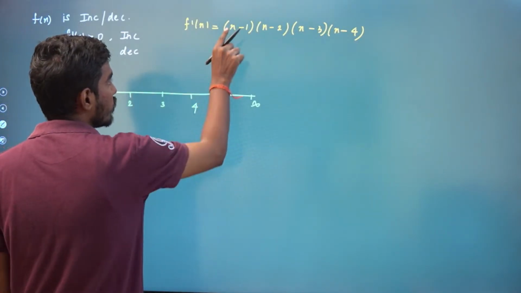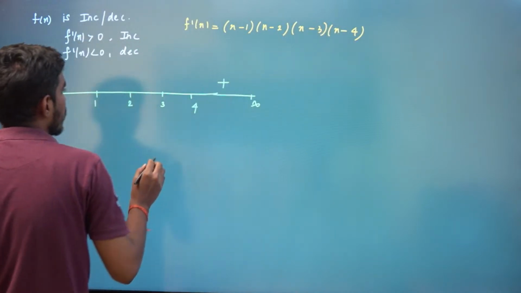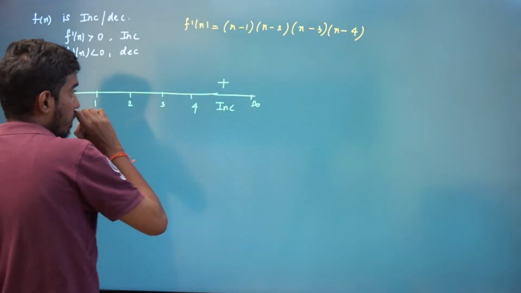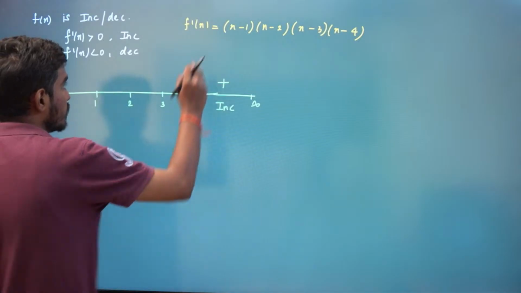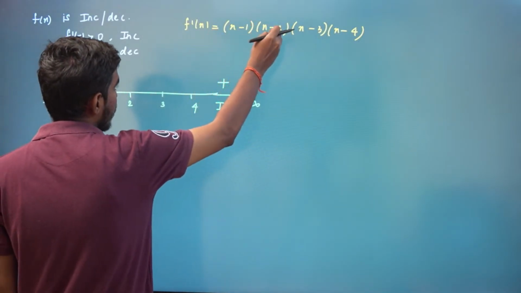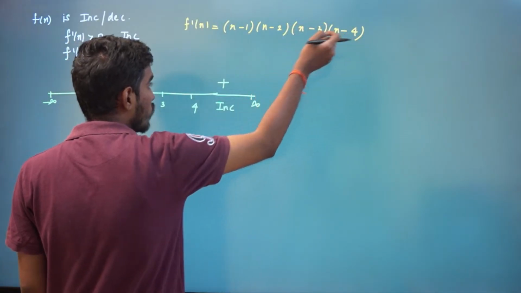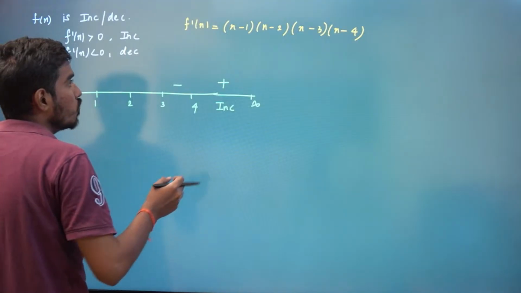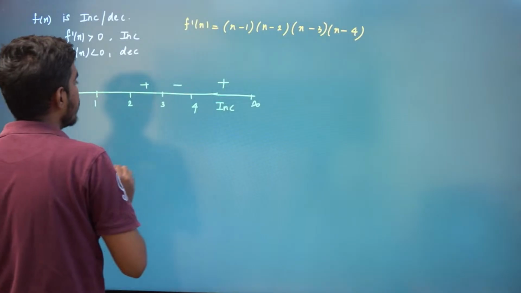If I take 5, 5 minus 1 positive, 5 minus 2 positive, everything is positive here. That means our f is increasing in this interval, right? In between 3 to 4, you take 3.5. So 3.5 minus 1 positive, 3.5 minus 2 positive, 3.5 minus 3 positive, 3.5 minus 4 negative. This is negative. From 2 to 3, you take 2.5, positive, positive, negative, negative. So overall it will be positive.